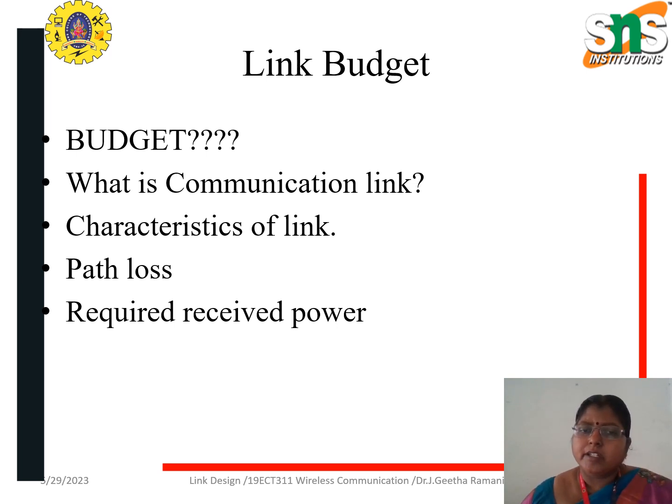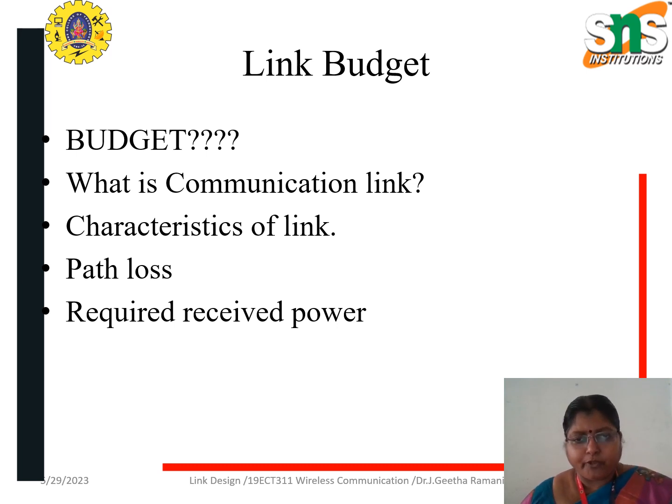What is a communication link? It is nothing but a physical link or a wireless link which connects your transmitter to the receiver for transmission of signals. That is called a communication link. So before calculating the budget, we should know the characteristics of the link.